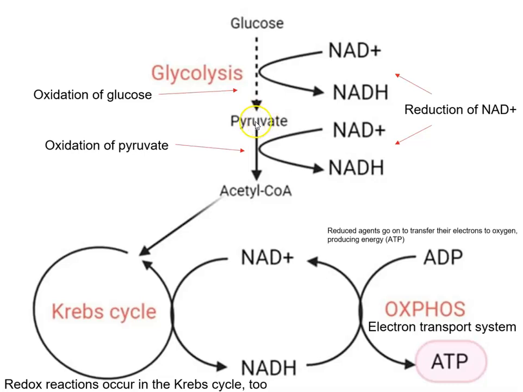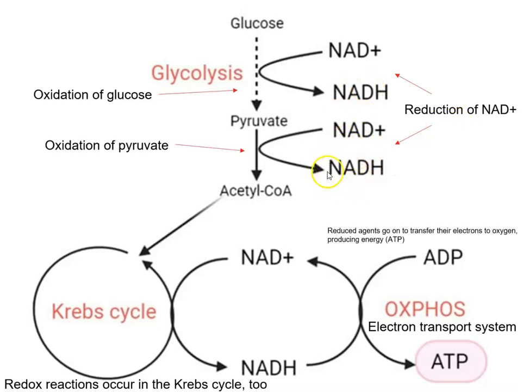Here is pyruvate being oxidized to acetyl-CoA, and you'll see the same exact thing here. NAD becomes reduced to NADH. What's the point of this? Well, the point is that when you take these electrons away from organic molecules like glucose, nutrient molecules, you are transferring energy temporarily to these molecules.